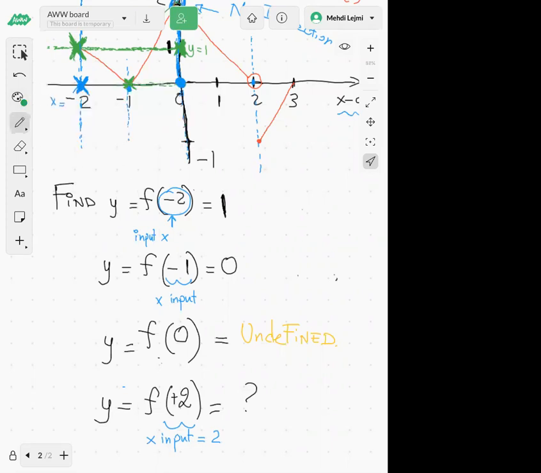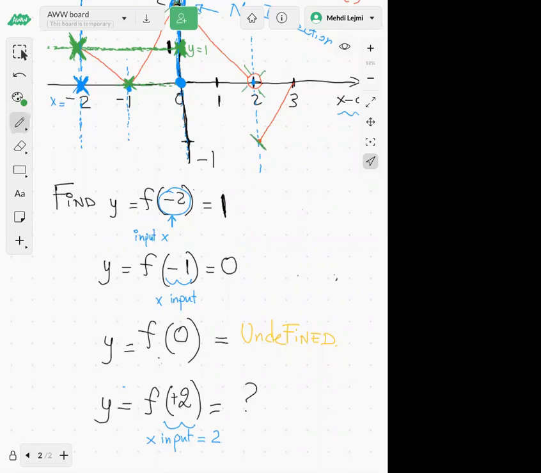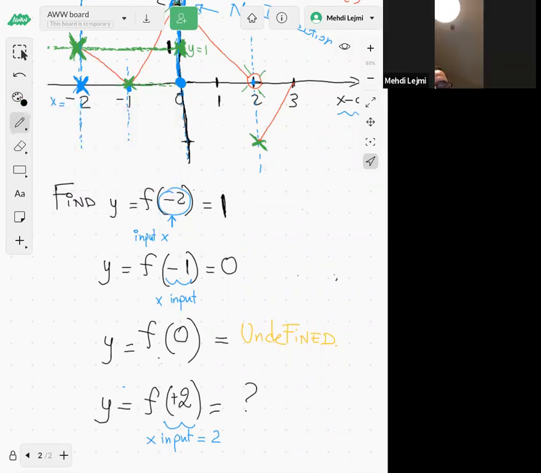"It's undefined." Well, it's undefined here, you're right, but you still have an intersection at another point. Actually, this is supposed to be -1. This is kind of tricky.